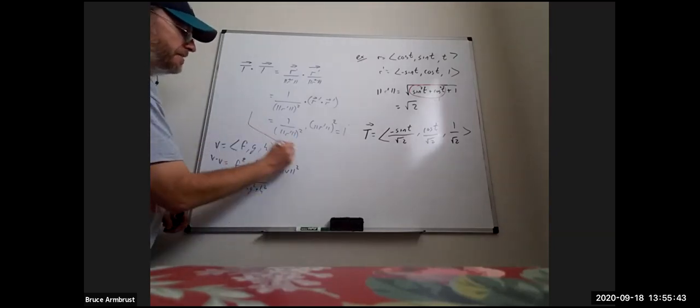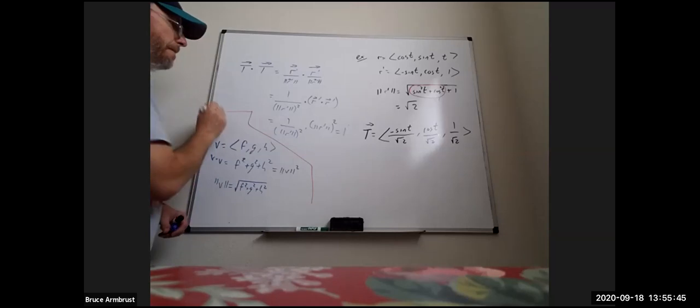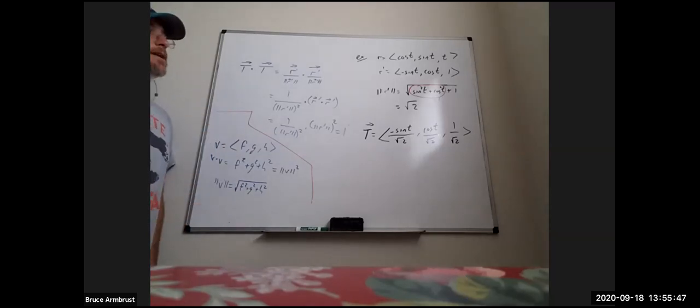So let me just put a little line here so that we keep these things separate. What we see is that this unit tangent vector, when dotted with itself, you always get 1. So more importantly, you get a constant.